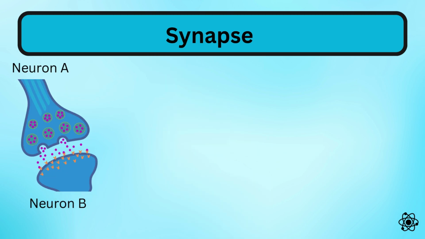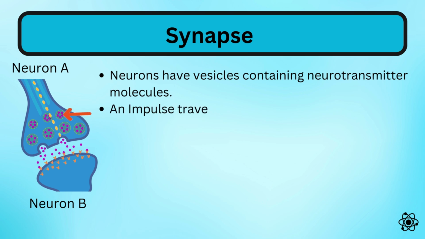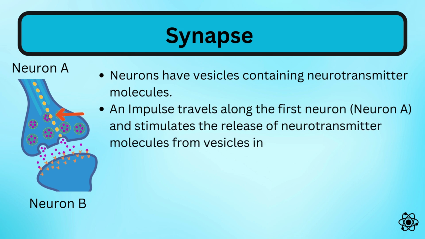So, what happens at a synapse? Neurons have vesicles containing neurotransmitter molecules. Neurotransmitters are chemical messengers, so this is the only part of the nervous system where messages are chemical instead of electrical. An impulse travels along the first neuron, neuron A, and stimulates the release of neurotransmitter molecules from vesicles into the synaptic gap.